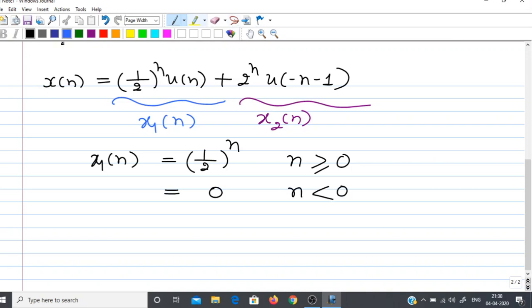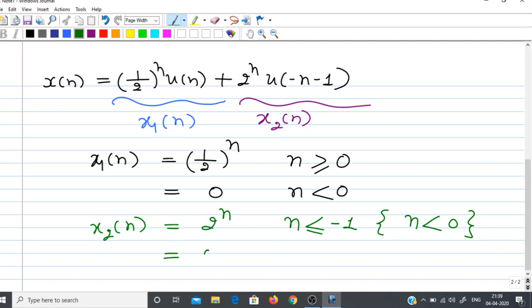Now if I write piecewise representation for x2[n], x2[n] is 2 to the power n for n less than or equal to minus 1, and it is 0 for n greater than or equal to 0.